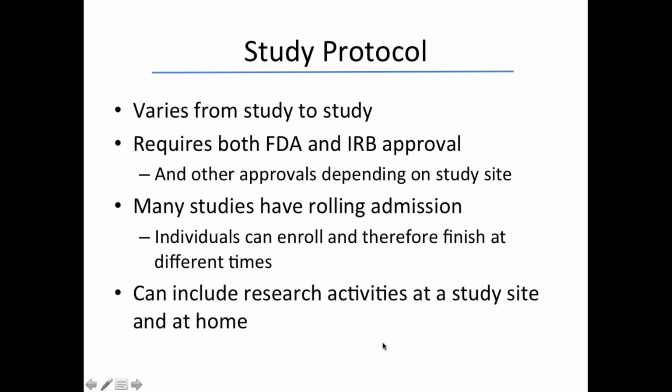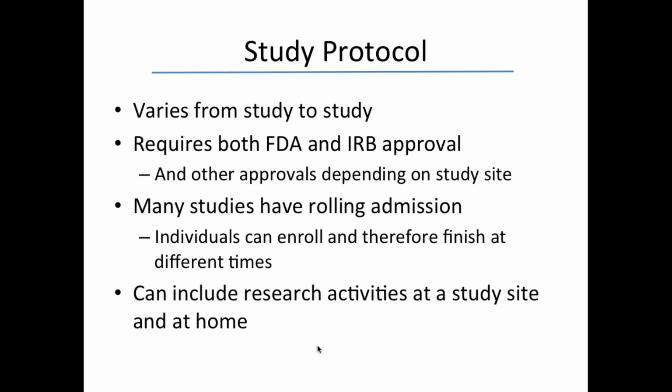So I just want to discuss briefly what happens after individuals are recruited and then consented and then meet eligibility criteria and are enrolled in a study. This slide, I found a little bit difficult to make because study protocols really vastly vary from study to study depending on what the outcomes are and what the drug is.